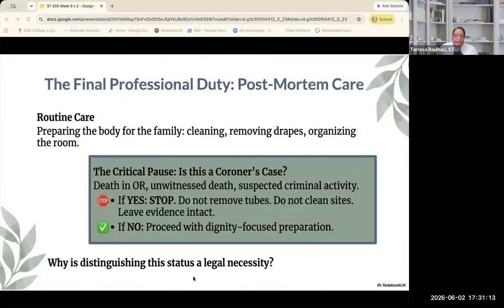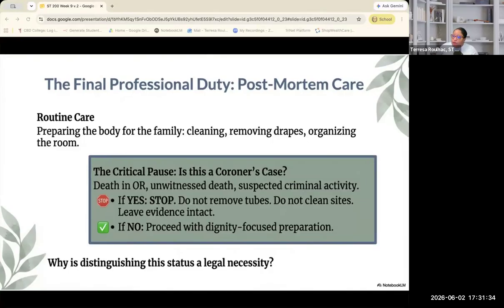I also want you to think that dignity and legality can coexist. We have to know when compassion looks like cleaning, when compassion looks like preserving. That distinction defines professional judgment.